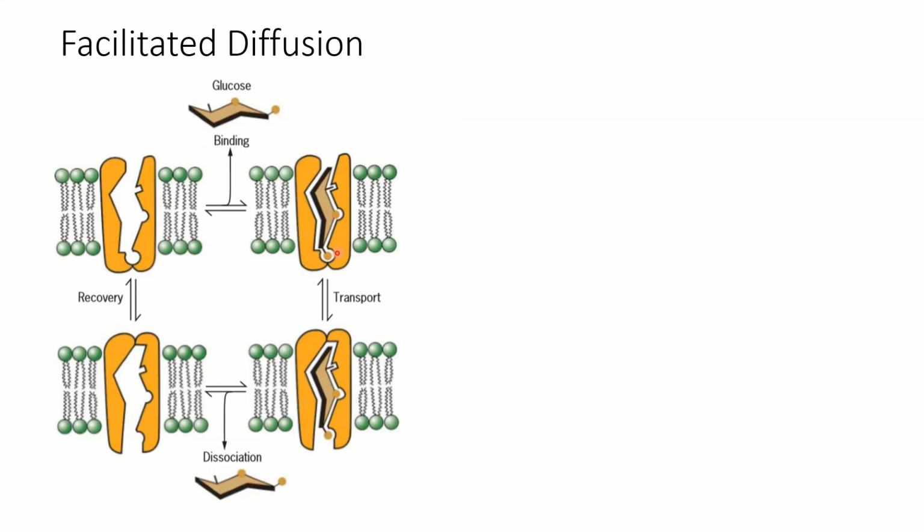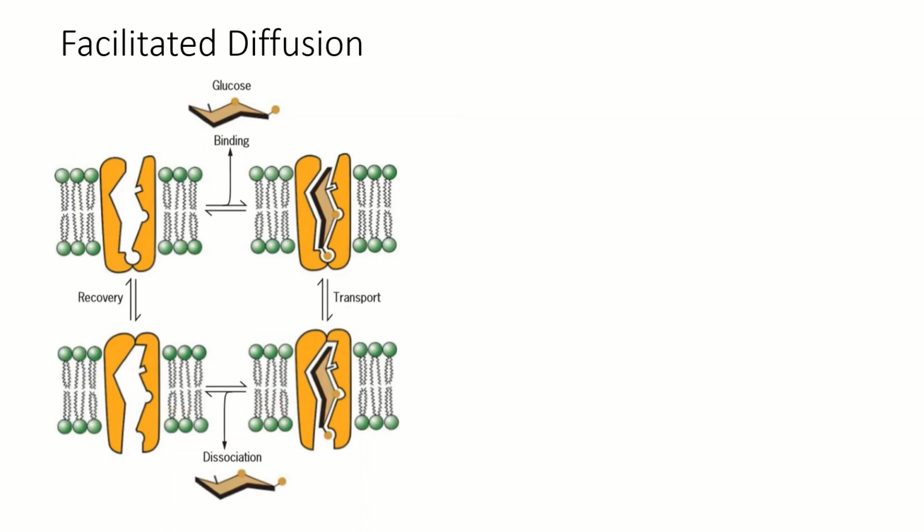Once glucose has bound into the carrier protein, it closes from the outside and opens up on the inside, and the glucose molecule is free to move into the cell. And the carrier protein repeats the process by again opening outwards, and then the glucose molecule is able to move into the carrier protein, and the process repeats itself.